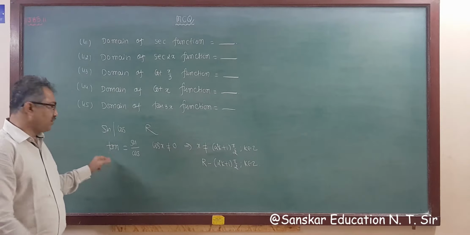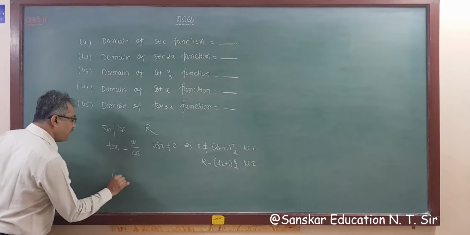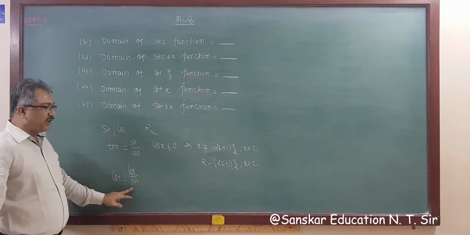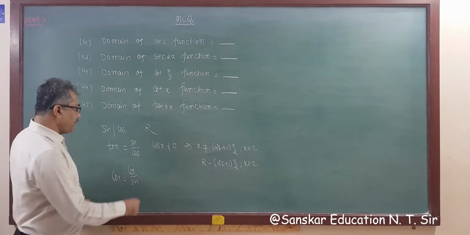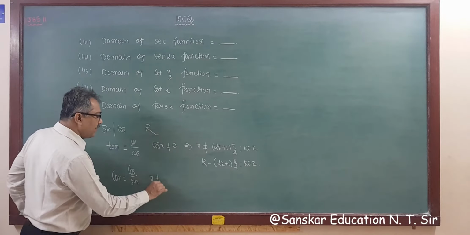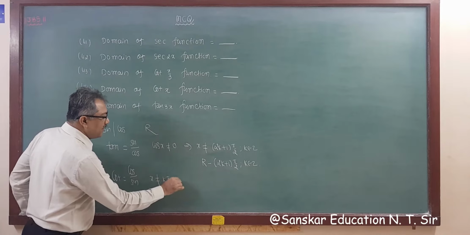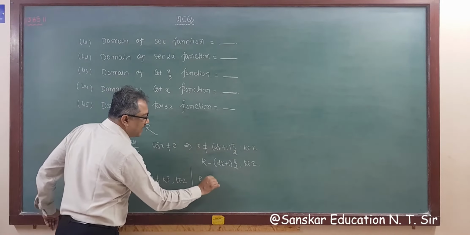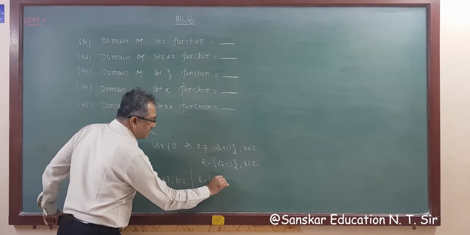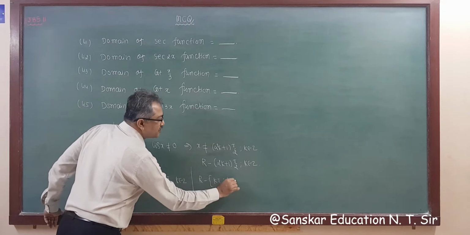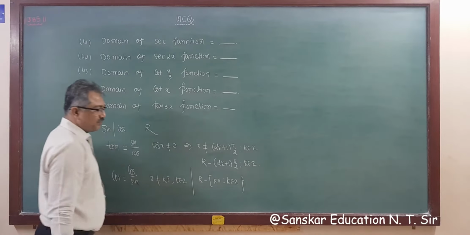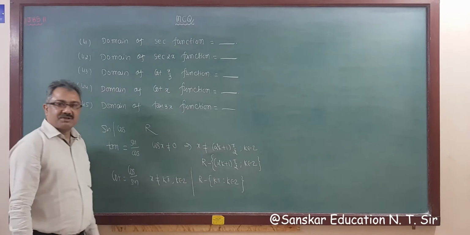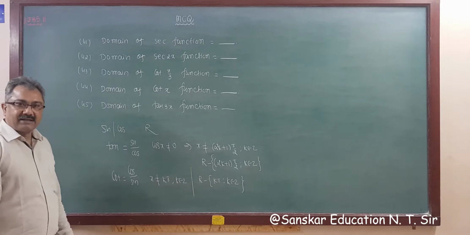Now cot. Cot is defined as cos x upon sine function, that is sine not equal to 0. So domain of this cot function is x not equal to kπ, k belongs to Z. Either you can write like this also, R minus kπ, such that k belongs to Z. Okay.